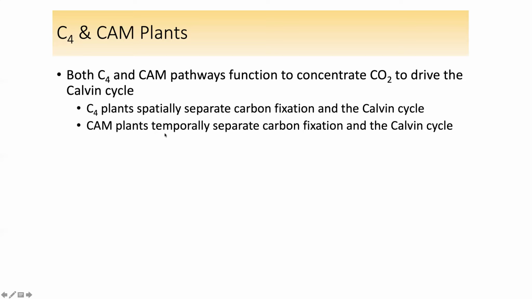Sorry, I read that as spatial or time separation, so temporally, right? They collect the carbon dioxide at night, and then during the day, they run the Calvin cycle. So yes, they're temporally separated. All right, and that's just a couple of the adaptations that plants have made so that they can be more efficient at photosynthesis, depending on where they live.